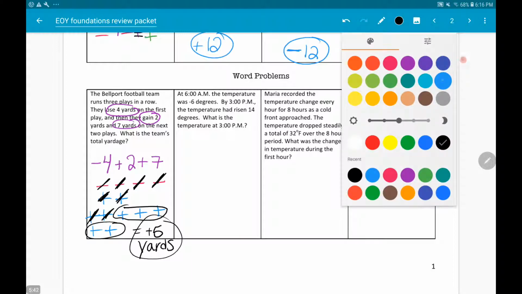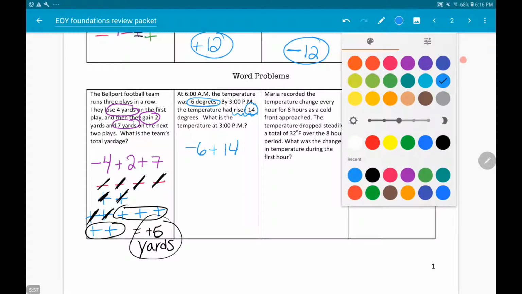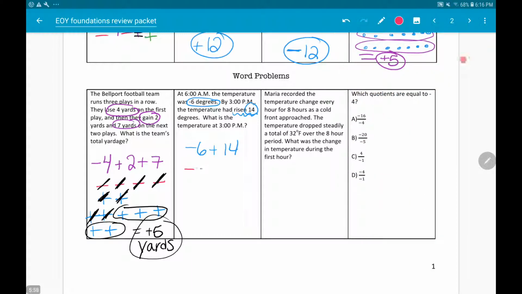Alright, let's check out the next one. At 6 a.m., the temperature was -6 degrees. By 3 p.m., it had risen 14. What is the new temperature? So I have -6, +14, and I cancel.